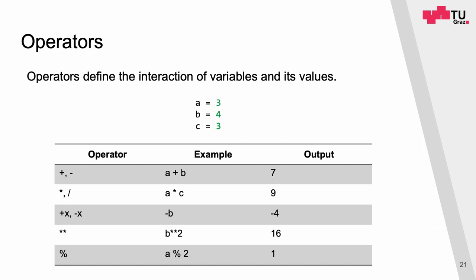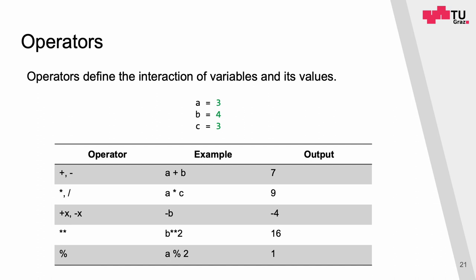So if we type in b and 2 asterisks followed by a number, for example 2, this means b to the power of 2. And since b holds the value 4, this is equal to 4 to the power of 2, which is equal to 16.